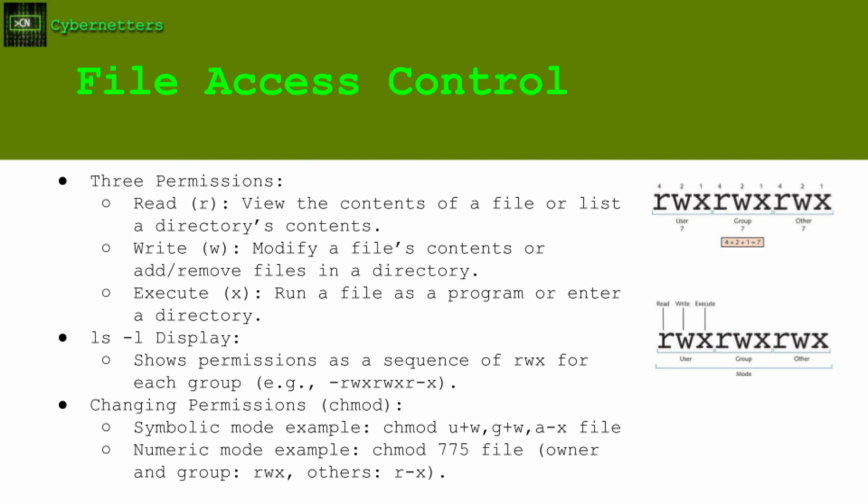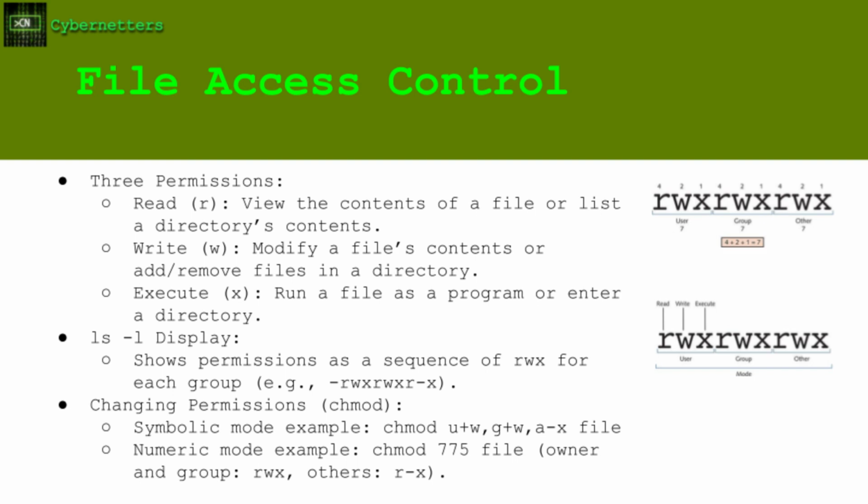And then the last three are everyone else's permissions, r-x, which is assigned to all other users. So in this case, the owner and the group have full access, rwx, and the others can only read and execute, which is r-x. This means they can run it, but they can't modify it. So what happens if you want to change the permissions?